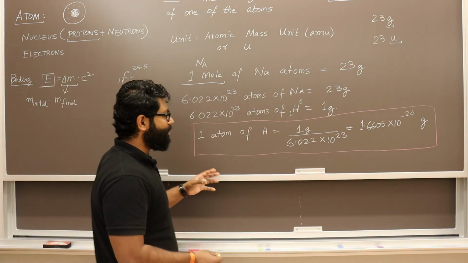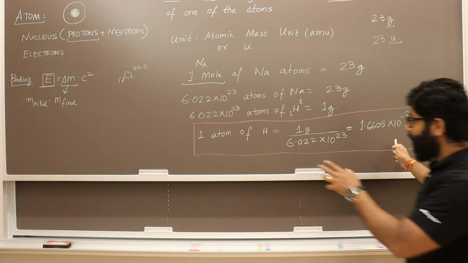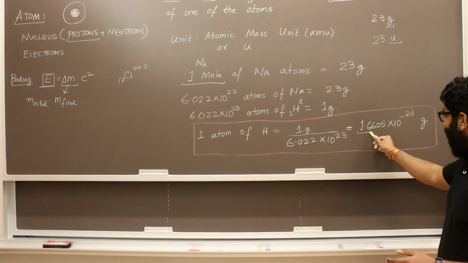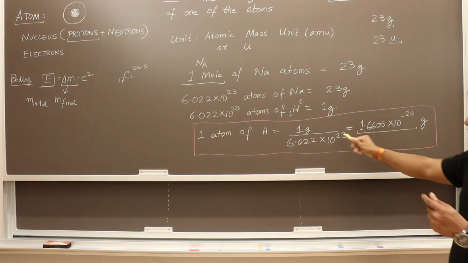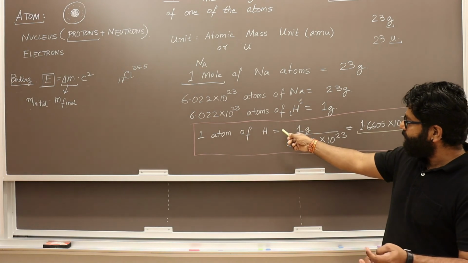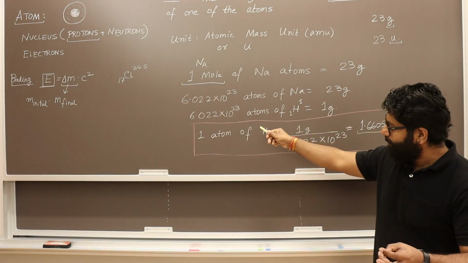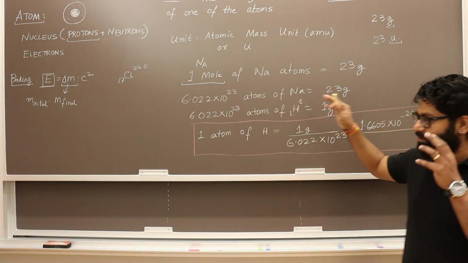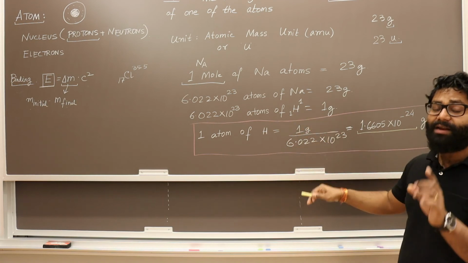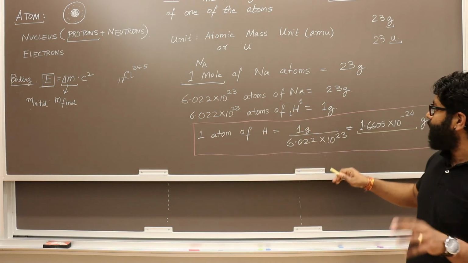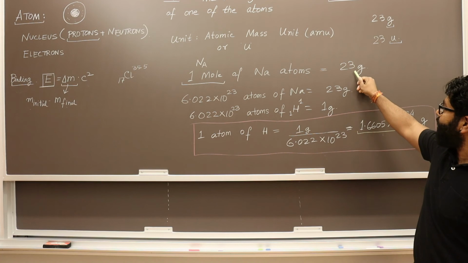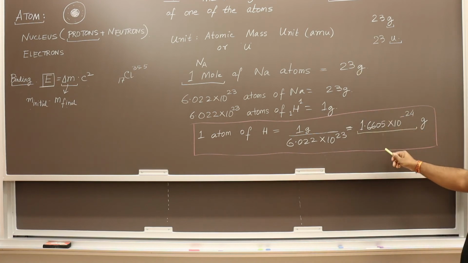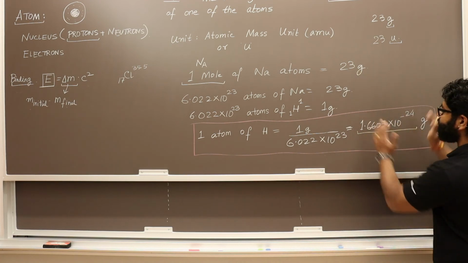Because since we have this number, we can also get the atomic weight, the weight of one atom of sodium, which will just become 23 times this number, right? So this number is becoming special.